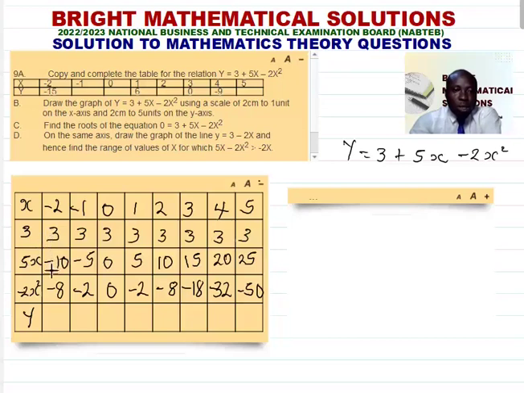3 minus 10 minus 8 gives us minus 15, and that matches what we were given, so our solution is correct.